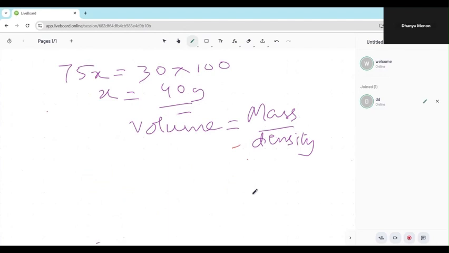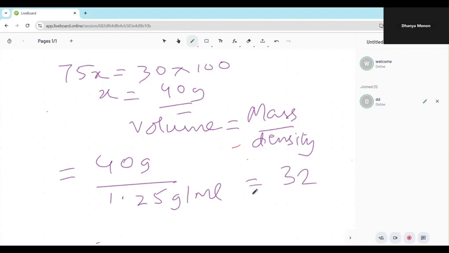Students, mass is 40 grams by density, how much? It's given in the question, 1.25 grams per ml. So when we solve this, it comes to 32 ml. Okay, students, this is how we solve the question.